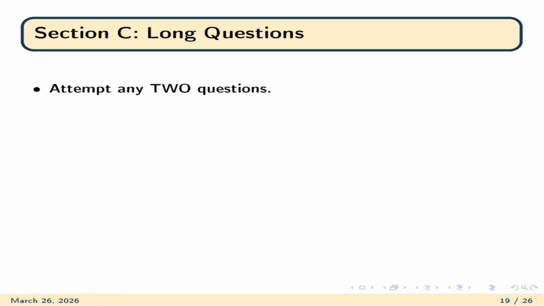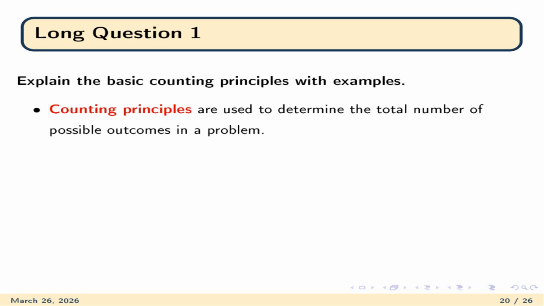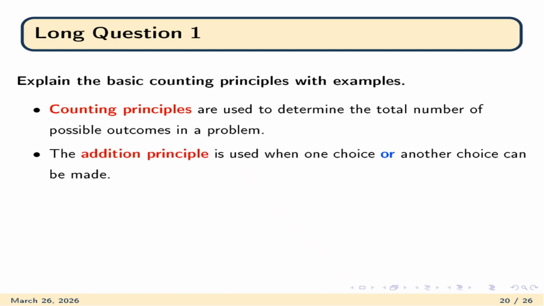Section C, long questions. Attempt any two questions. Question number 1, explain the basic counting principle with examples. Counting principles are used to determine the total number of possible outcomes in a problem. The addition principle is used when one choice or another choice can be made.